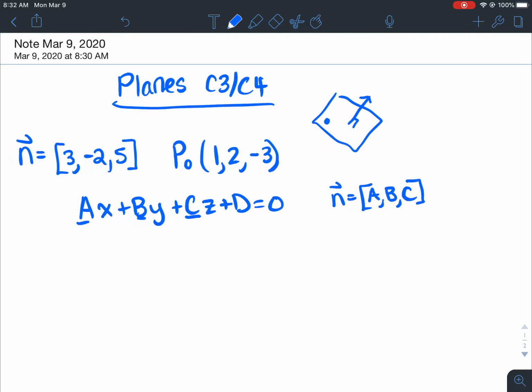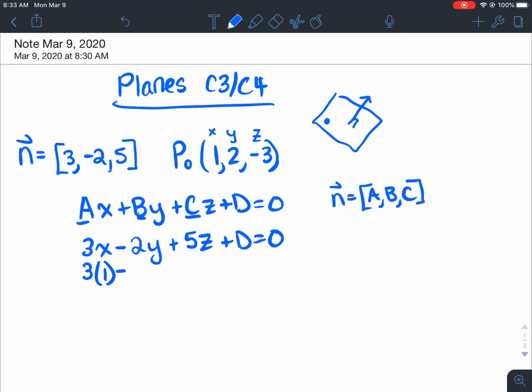So that makes this question pretty easy. So we can actually just sub in 3, -2, 5 for A, B, and C. Now we don't know D, but we do know this point, so we can sub this point in for x, y, and z to find D.